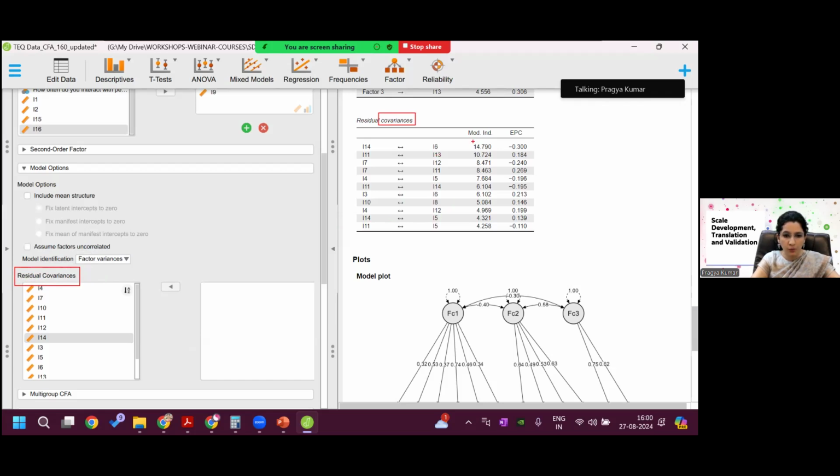So what are the two items which have a modification index of more than 10? We have to look for the higher values, and generally we keep the value more than 10. So these are the two items, item 14 and item 11. And again, there is one more criterion that these items should be of the same factor. If the modification indices are of different items of two factors, then you cannot show that.